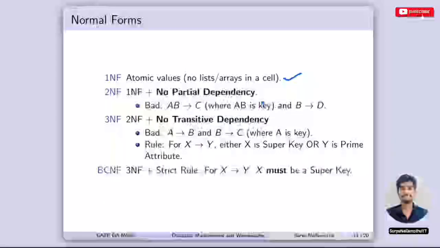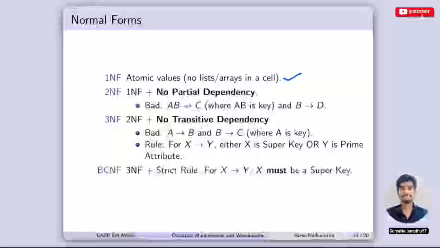What is meant by partial dependency? Simply, AB determines C, where AB is a key, and B determines D. It means B appears on the left side two times, so a partial dependency occurs. In 2NF, no partial dependency must occur.